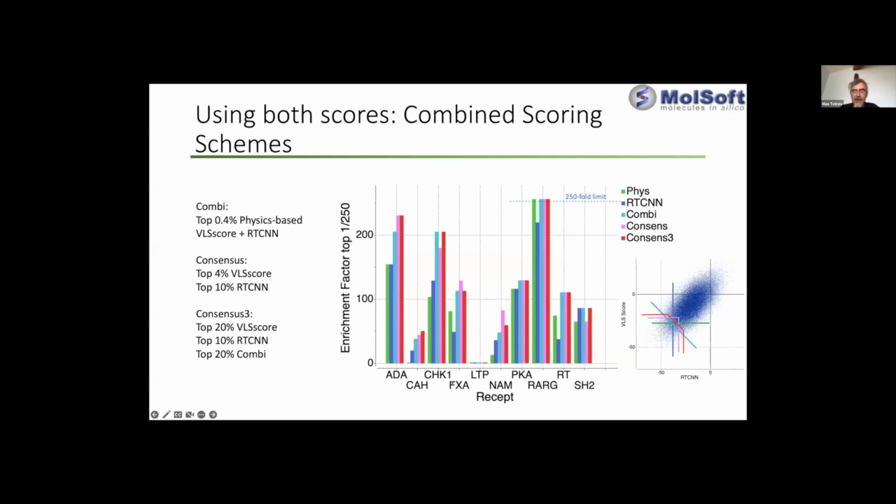Across the panel of 10 receptors, you can see that we have from moderate to pretty substantial boost for any of the schemes. I don't see a particular preference for one approach versus the other, but we always get better with consensus scoring in some form. Here it's the limit of this test, so you cannot really go much higher.